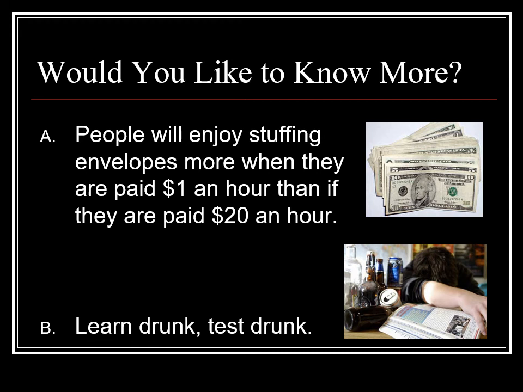But if you learned drunk and were tested sober, or learned sober and tested drunk, you did the poorest of all. We do have a tendency to learn things in context. Even though we're not paying attention to the temperature, to our mental state, to the room we're in, when we're tested in a similar space, we actually tend to perform slightly better. Now, this is a minor effect, but it's definitely there.